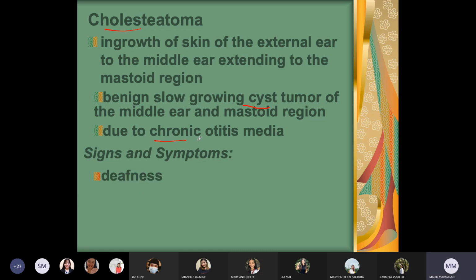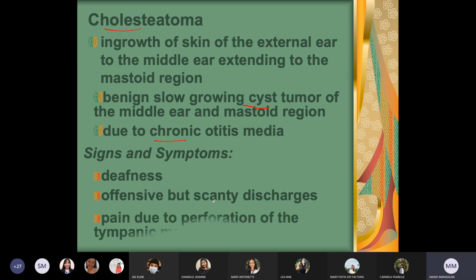So signs and symptoms, there's also conductive hearing loss, offensive but not scanty discharge, pain due to perforation of the tympanic membrane. Mga anak, tinnitus is ringing of the ears. Vertigo is severe dizziness.